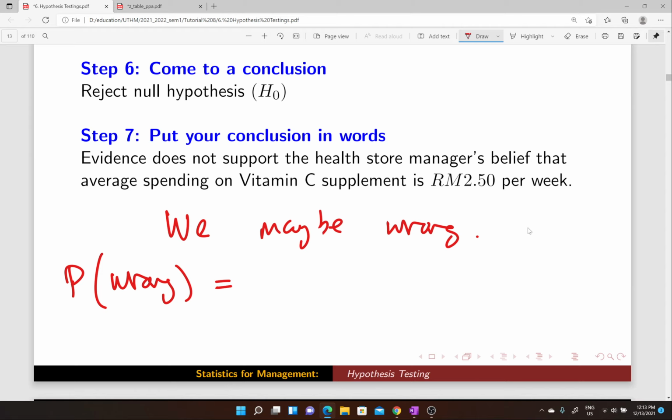How are you going to solve a real life situation, belief or not, a subjective matter, by calculation? So it won't be 100% right. We may be wrong. So what is the probability that we are wrong?